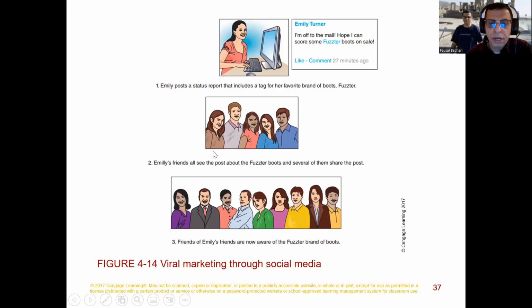Then her friends or followers see the post about the boots, and several of them share it. When they share and repost it, friends of Emily's friends are now aware of this brand, and this is what becomes viral through social media.